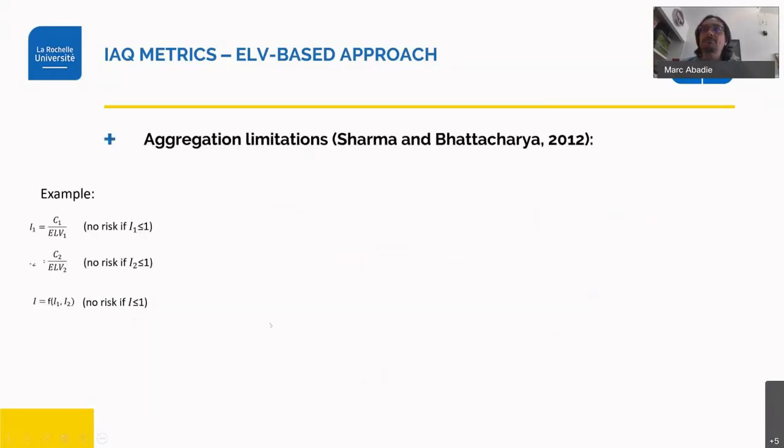And I will just take a minute or two to put into relief some limitations of aggregation that Sharma and Bhattacharya showed. I will take a simple example considering two pollutants, so two sub-indices here, defined as the ratio I showed before. If it's lower than 1, there's no risk. If it's higher than 1, there's a risk for health for this pollutant.